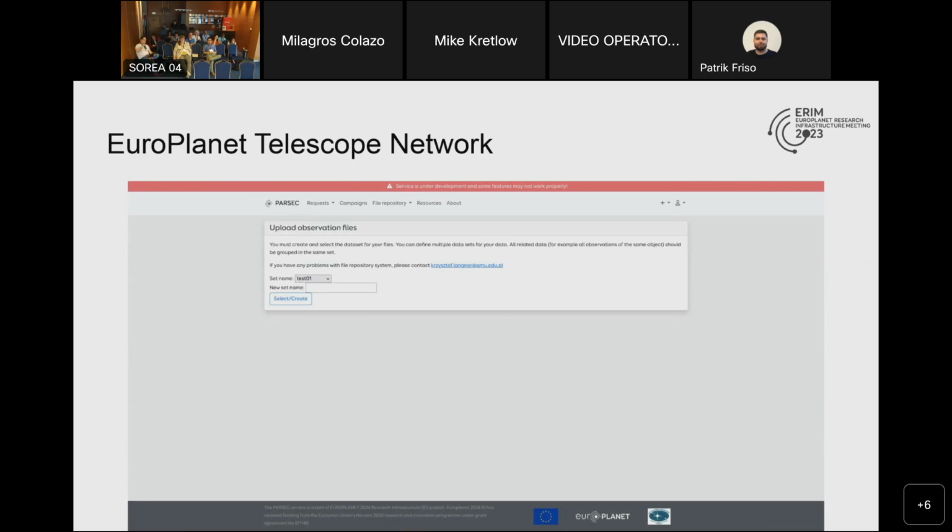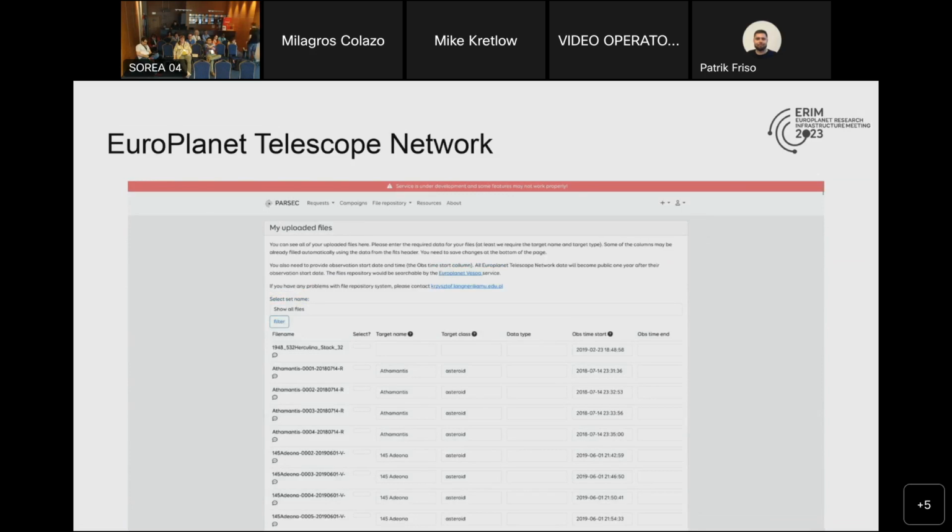So to make it easy for participants of telescope network group, they can send us the files, and it's our job to make them visible through VESPA service. So as I mentioned, it's a hidden functionality. So if you are a member of Europlanet Telescope Network, despite the registration using the webpage, you would have to send us an email so we could allow you to use that part of PARSEC service.